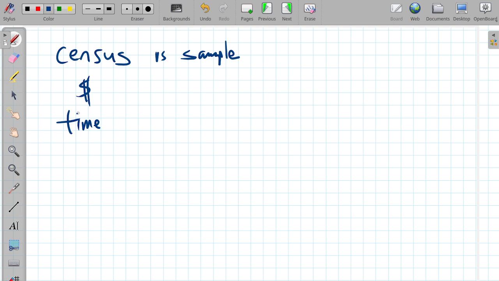You cannot get away from spending a lot of money and a lot of time. And when I say money, I'm really talking about resources, people, tools, a lot of paper, etc., etc.